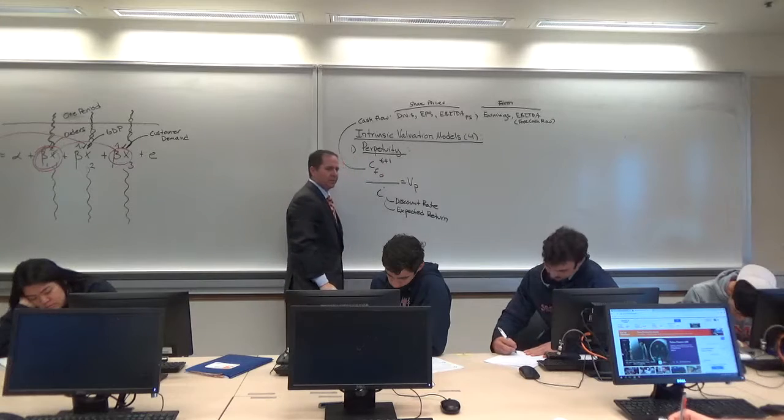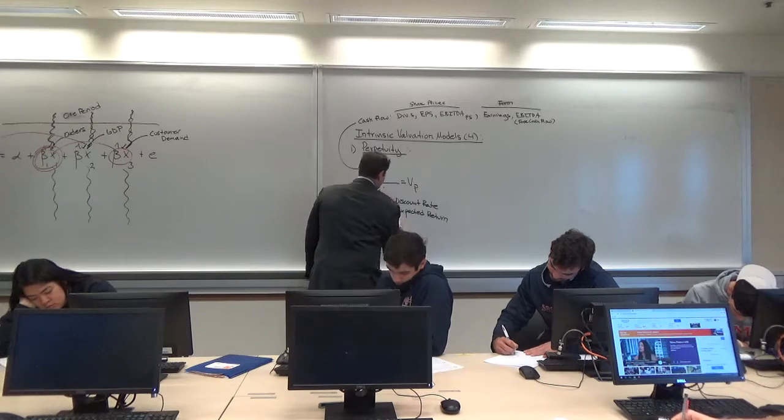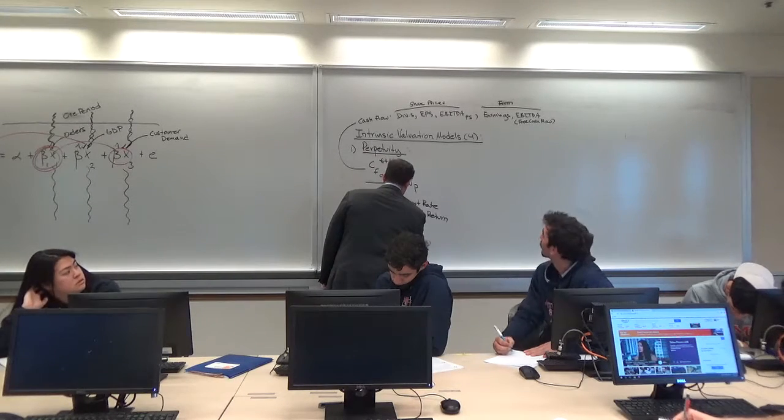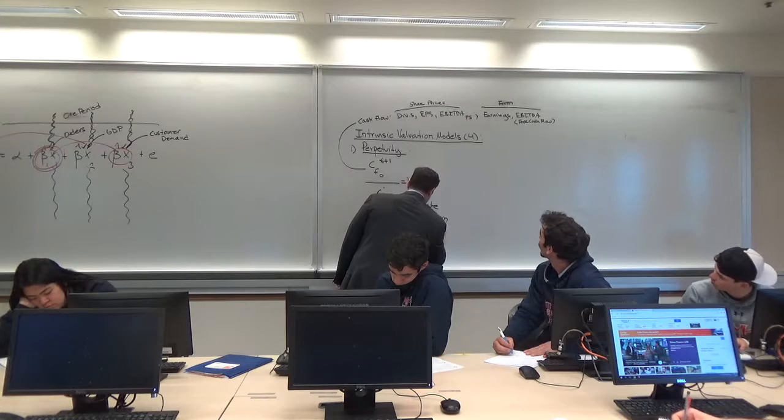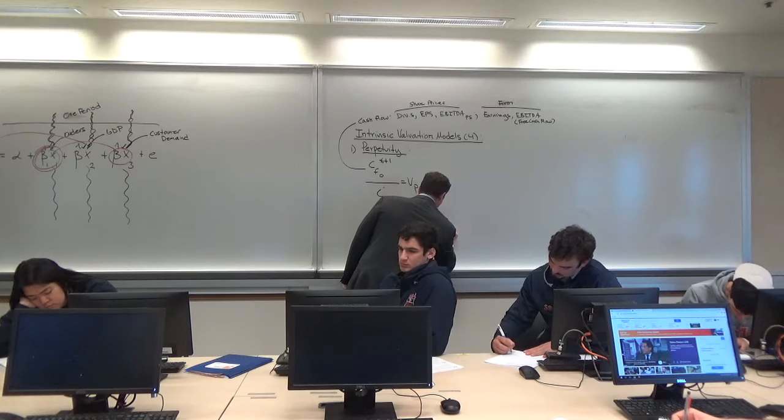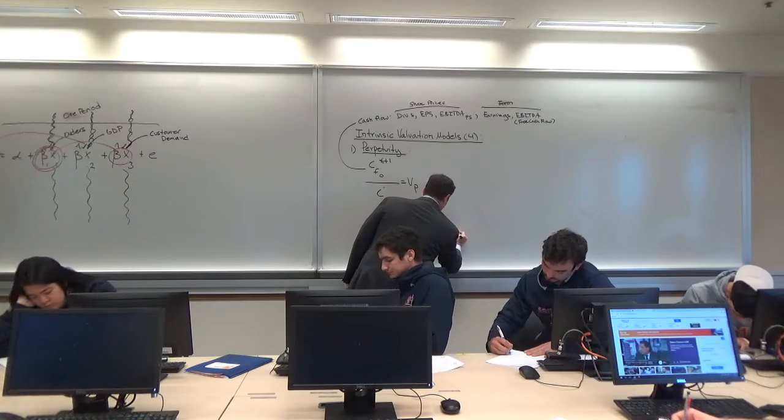by the investor. This could also be the capital asset pricing model, which equals the risk-free rate plus the beta times the return on the market minus the risk-free rate.